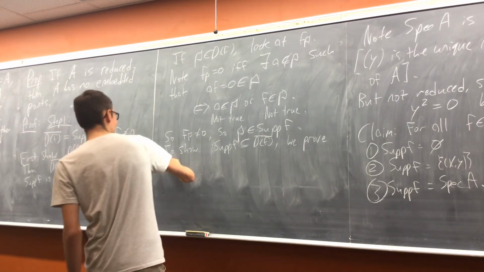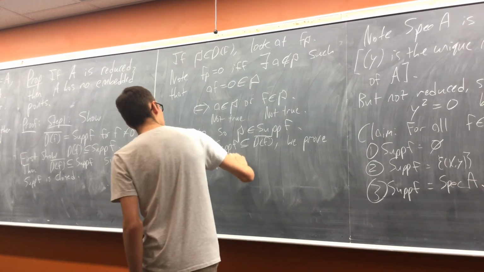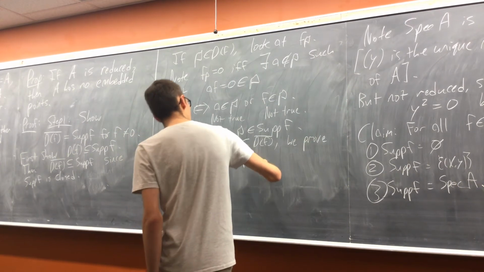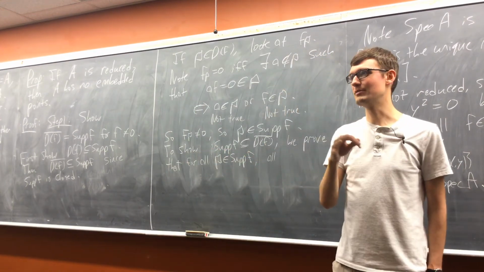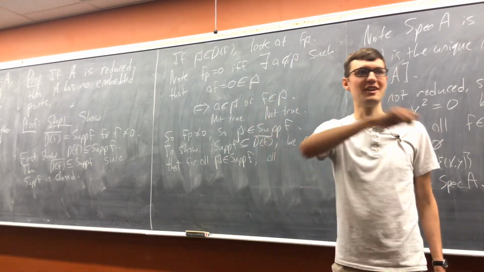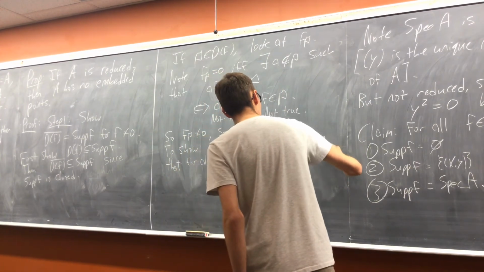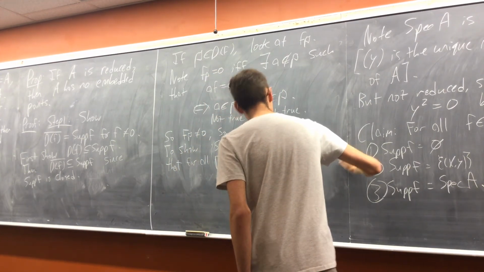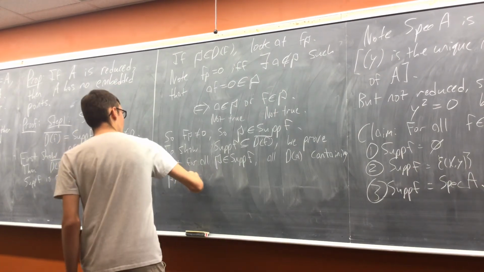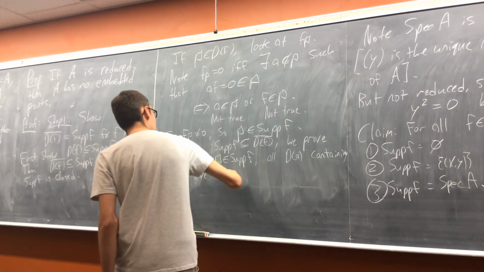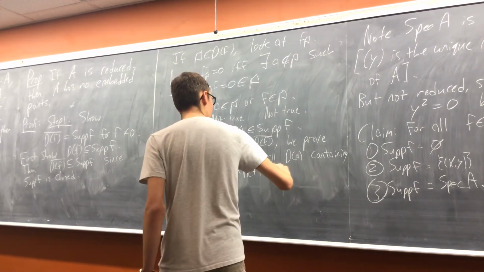So we prove that for all P in Supp f, and it suffices to do basic open neighborhoods, because I can always find one inside any open, for all D(a) containing P, we have D(a) intersect D(f) not empty.